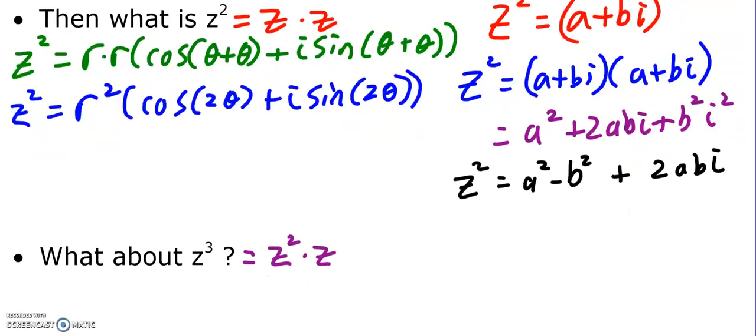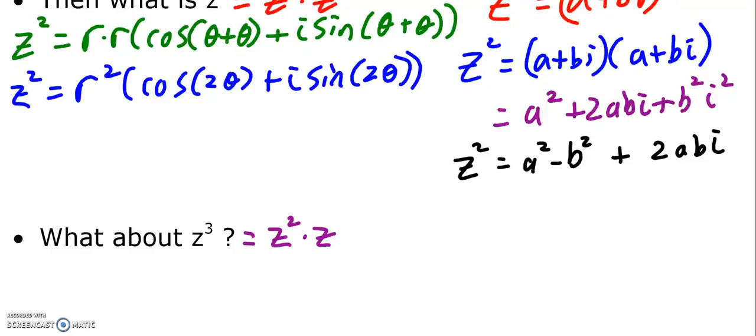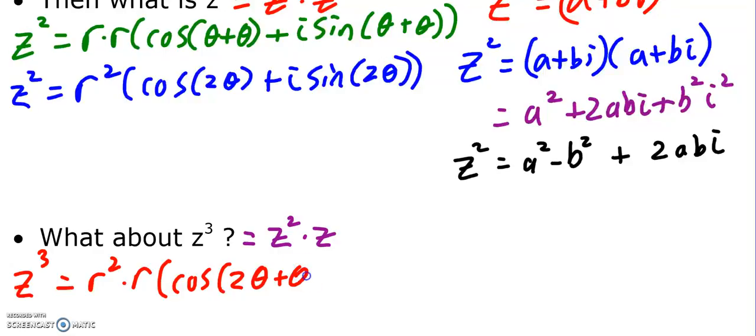So I can just follow the pattern again, and I can say that z cubed is going to be r squared times r, because I know z squared is r squared, times cosine of 2 theta plus theta plus i sine of 2 theta plus theta.